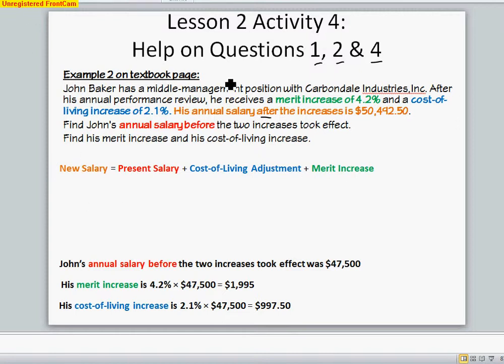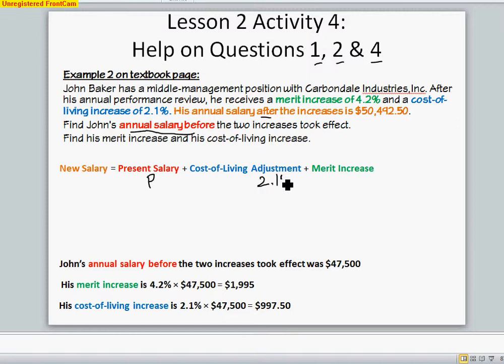Okay, so let's fill in what we know here. I can tell you right off the bat, this annual salary before is equivalent to saying his present salary. In other words, first he has a salary, he gets some raises, and then he has a new salary. So we're going to call this my variable P. I do not know what that salary was. It tells me that the cost of living adjustment was 2.1%.